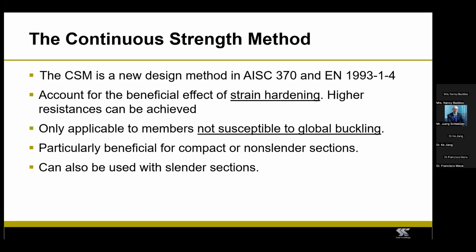And in the case of beams, it might be larger than the plastic moment capacity. Now, the continuous strength method can also be used when the strength of the member is governed by local buckling. But in this case, the resistance you will get when using the CSM is not going to be significantly larger than the one you would get when using the traditional method.